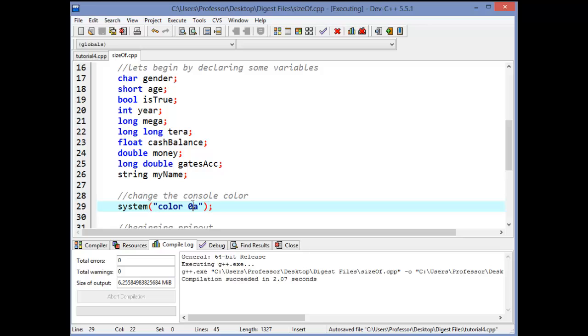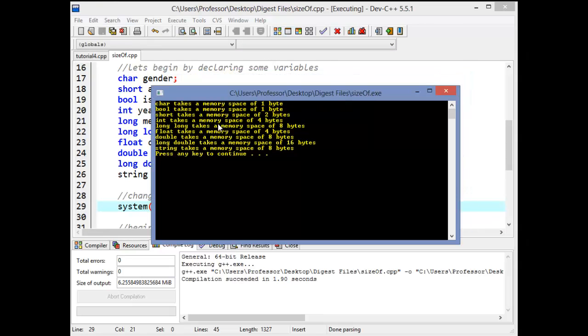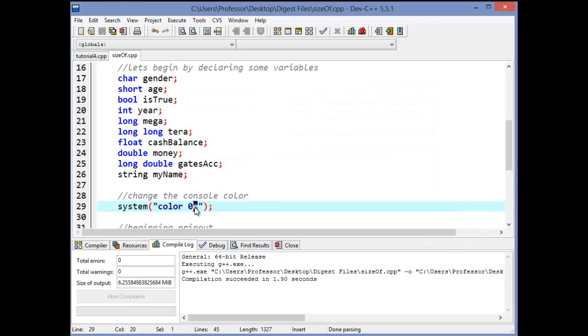The first character stands for the background, the second stands for the foreground. So if I change this A to E and rerun this program, my fonts change to yellow, because E stands for yellow. But I prefer my A, so I set it back.